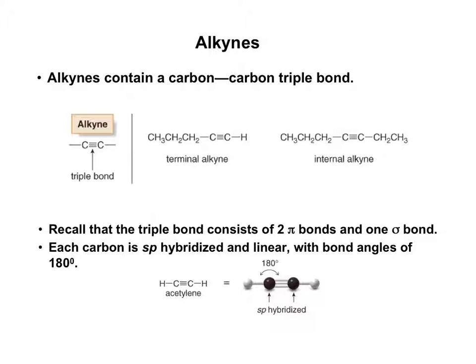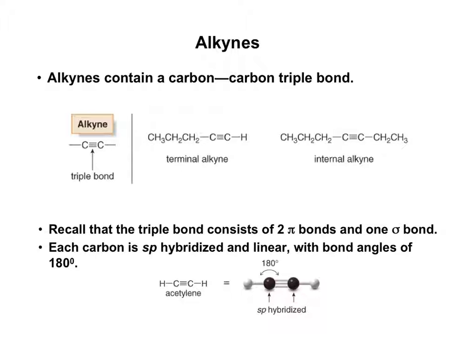Recall from our Unit 2 discussion that a terminal alkyne will look different from an internal alkyne in both IR and proton NMR spectroscopy. In an IR spectrum, the terminal alkyne has a carbon-hydrogen bond in which the hydrogen is attached to an sp carbon, but an internal alkyne does not have a hydrogen attached to an sp hybridized carbon.